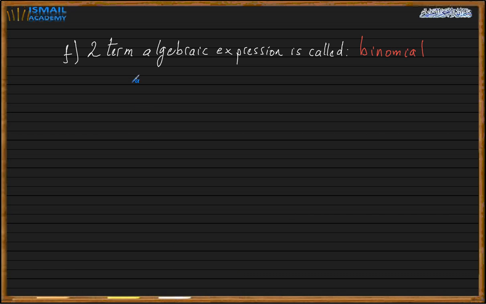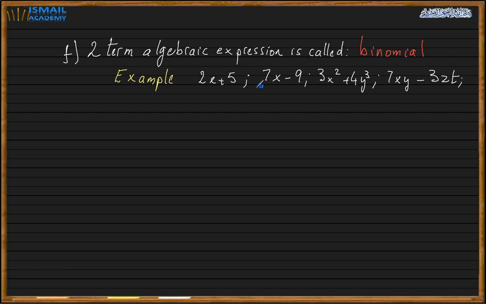So those are examples of binomial. For example, 2x plus 5, 7x minus 9, 3x squared plus 4y cubed, 7xy minus 3zt. As long as I have two terms, it's a binomial.